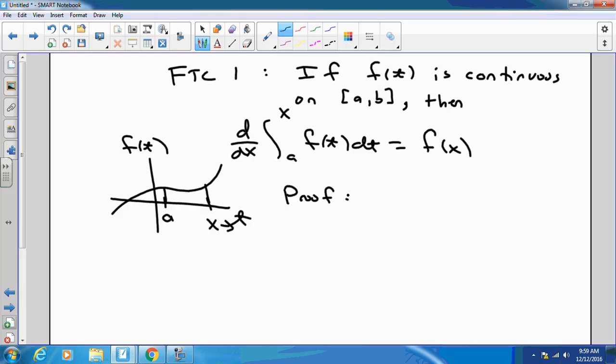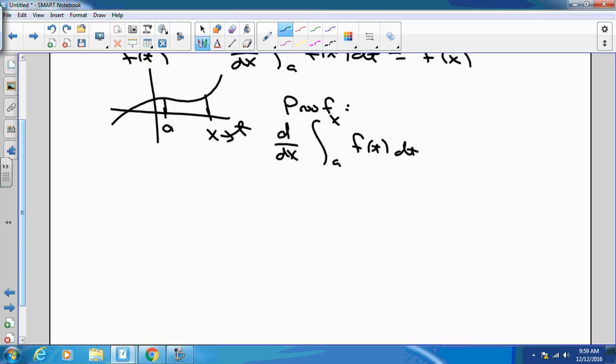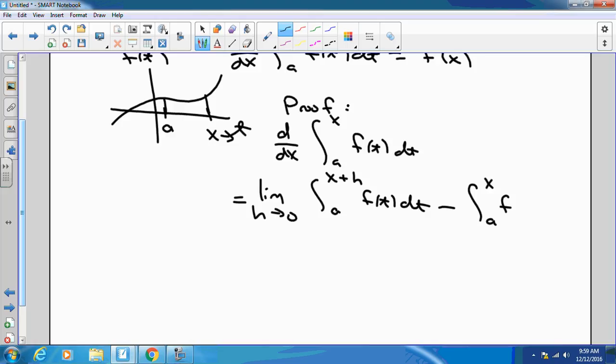And the only way that I know how to compute derivatives for a new type of function is to use the limit definition. So I'm going to rewrite the derivative in terms of its limit definition, which is going to look a little bit different because my accumulator function evaluated at x plus h is this.